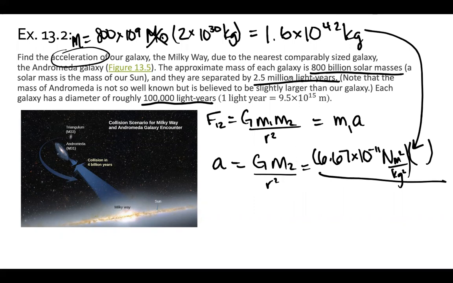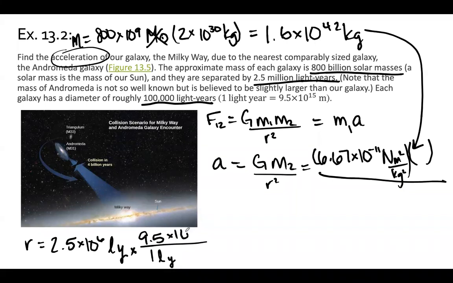So our radius is 2.5 million light years. We've got 2.5 times 10 to the 6th light years, and for each light year, we've got 9.5 times 10 to the 15th meters.